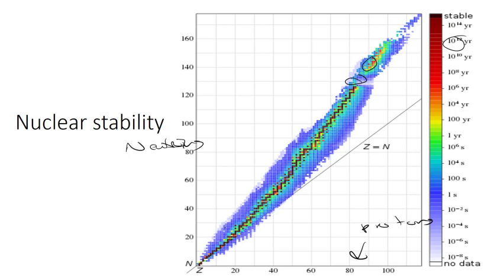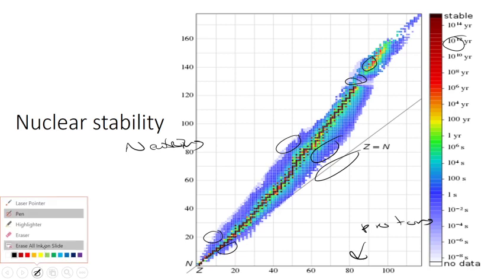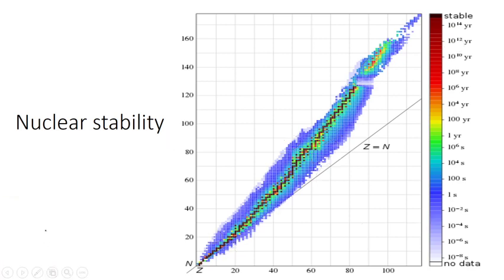Most of the time, when you get outside that 1-to-1 ratio down here, things are not stable. You get up here, it's a little further out, they're not stable. And at 1-to-1 up here, nothing is stable. So we've got all this stability going on here that's going to depend on the ratio.